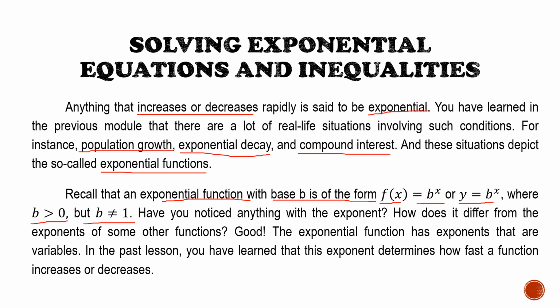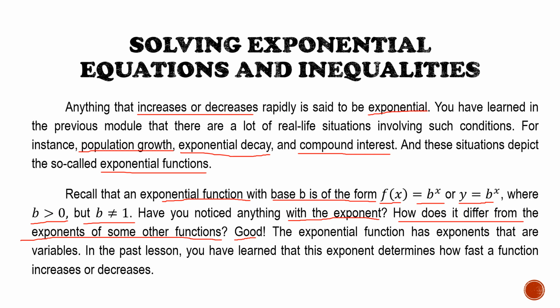So have you noticed anything with the exponent? How does it differ from the exponents of some other functions? You can assess and check the exponent of your exponential function, there is an attachment, and that is your independent variable x.